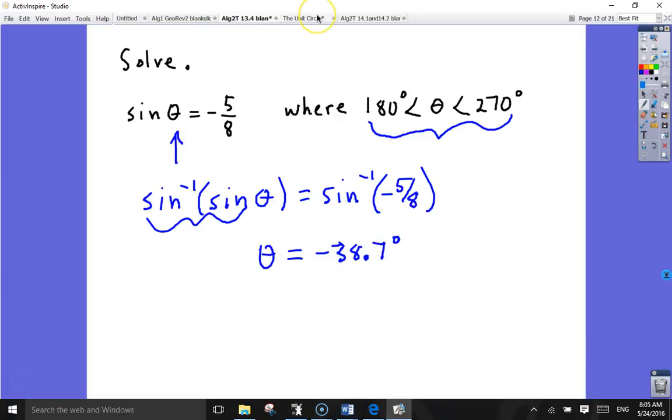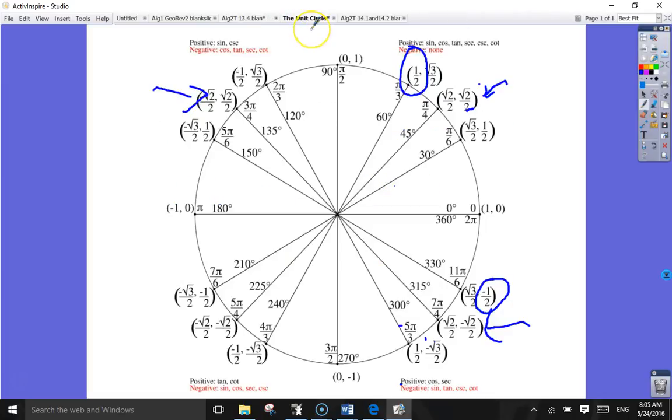Okay, now go back and look at the unit circle. Where is -38.7? The negative tells you to go down, right? So if I start here and go this direction 38.7, that's going to be somewhere over here.